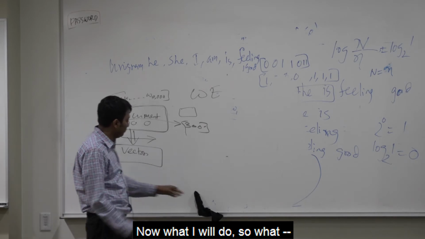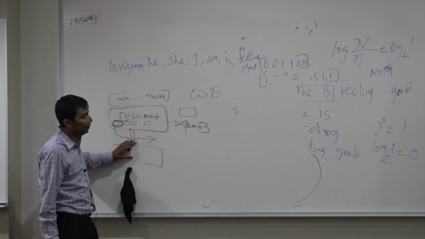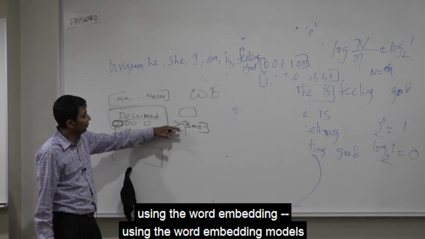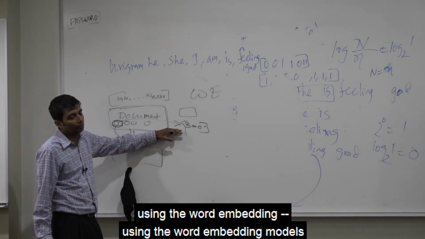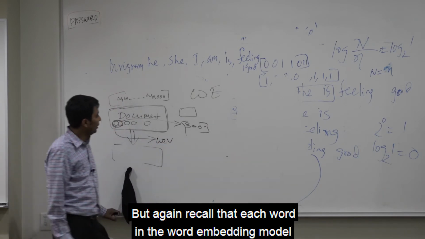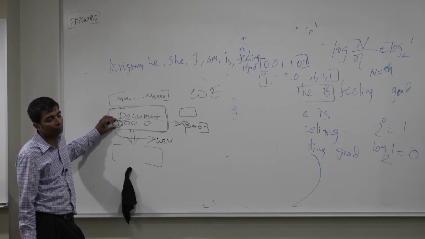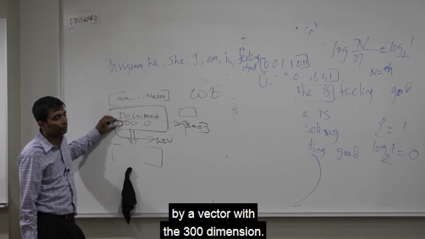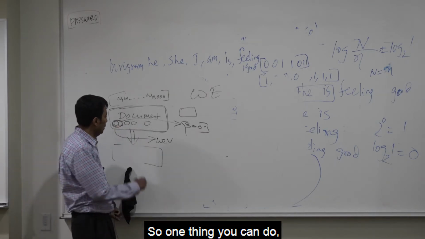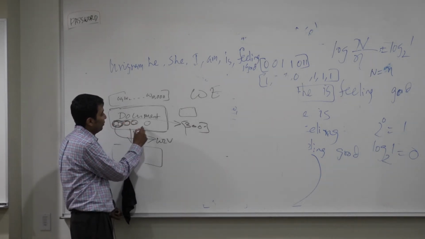Now what will I do? I need to convert this document into a vector using the word embedding model, or the word2vec model. So how can I do it? Again, recall that each word in the word2vec model was represented by a vector with 300 dimensions. So one thing you can do, let's say this document has 50 words.